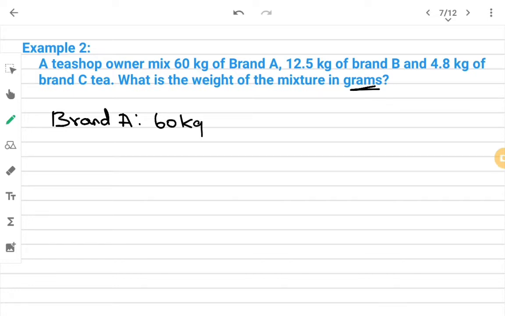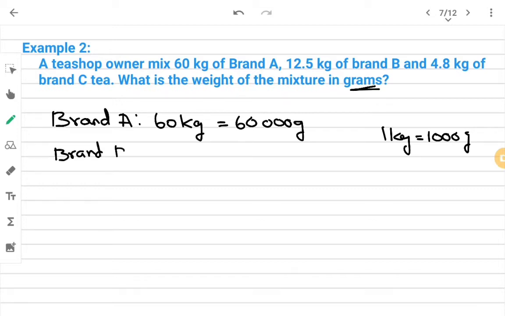That is 60 kilogram. Shall I write it directly in gram? Now, 1 kilogram is equal to 1000 gram. Therefore, 60 kilogram can be written as 60,000 gram. And brand B, what is the weight? 12.5 kilogram.